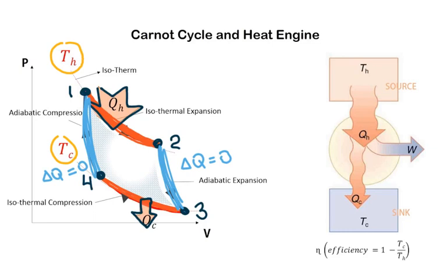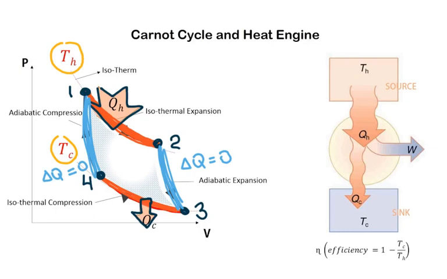It has the highest efficiency possible between two given temperatures, as is shown in the picture. There is no real engine that will give you the same efficiency. It is a reversible engine, but all real engines are irreversible, and the actual efficiency of an engine can never be as great as the Carnot engine.